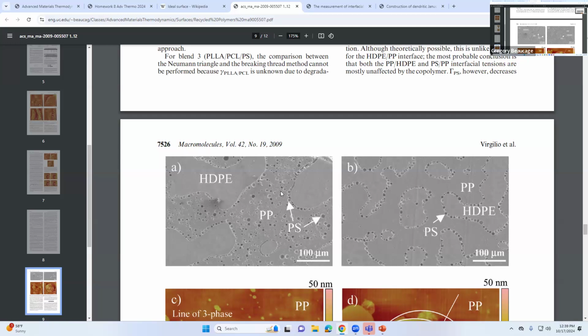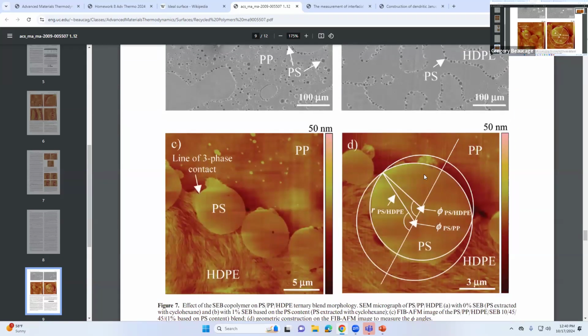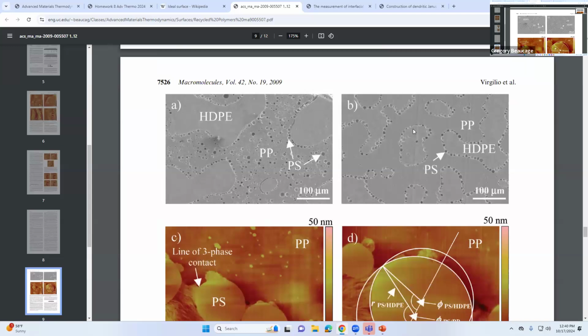That stuff somehow does this. When you put 1% of that copolymer in, polystyrene all of a sudden just goes to the surface of the phases of the high density, right? So at that point, this thing looks a lot like what they call Pickering emulsion.